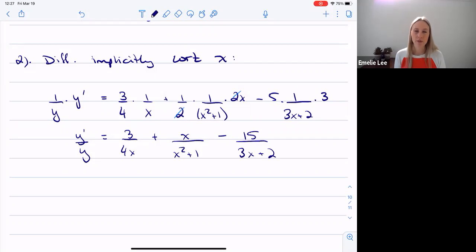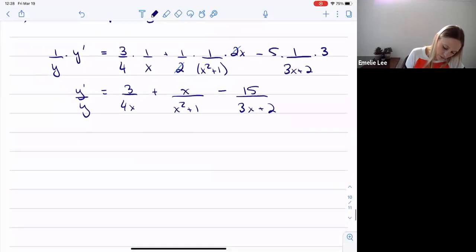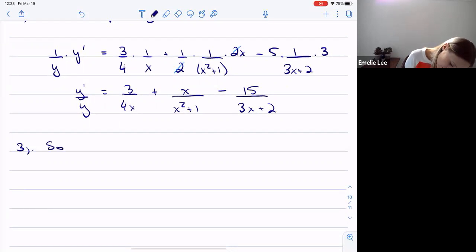Notice that we have solved for y prime over y, right? But now we want to solve for y prime. And this is where we get into what we did last day, right? We know what y is, and that's what I wanted to do earlier. It didn't work, but now because we know what y is, I can plug it in, and then I have the derivative. So step 3 is to solve for y prime.